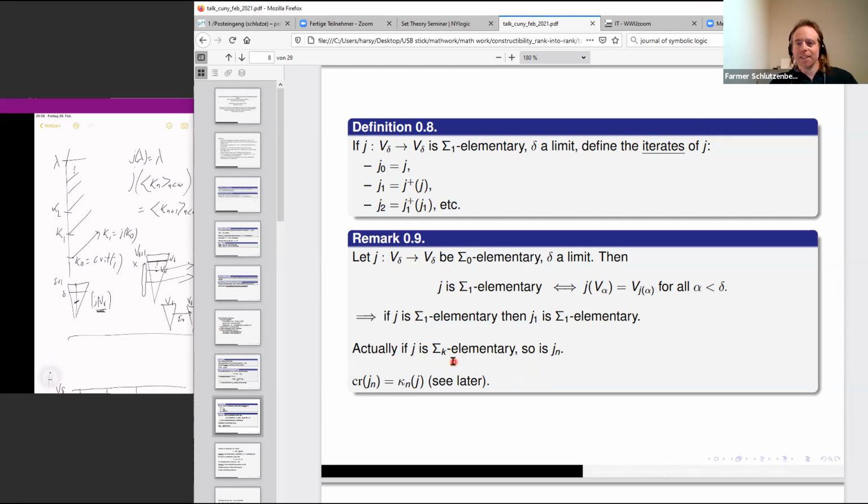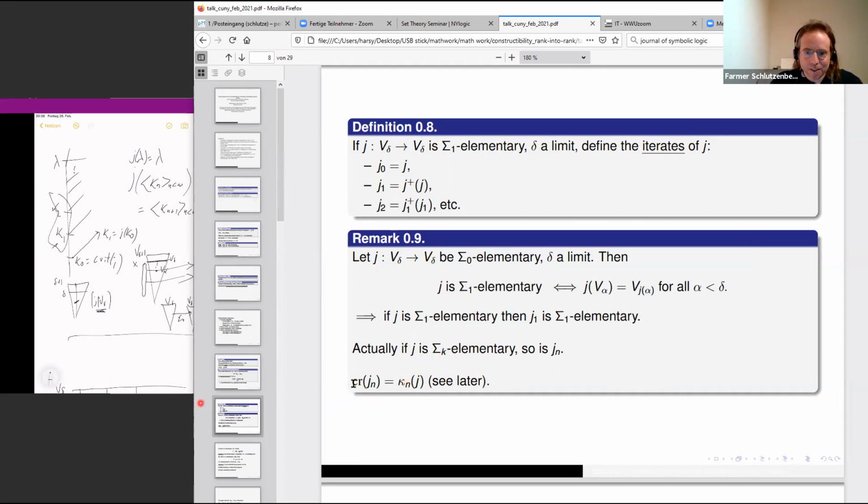It's easy to see if j is fully elementary, then all of the iterates are fully elementary, because for each n you can talk about Σn elementarity and get that preserved, and then the iterates are fully elementary. The critical point of jn is the same thing as what I wrote earlier as κ_n(j), these κ_n(j)'s.